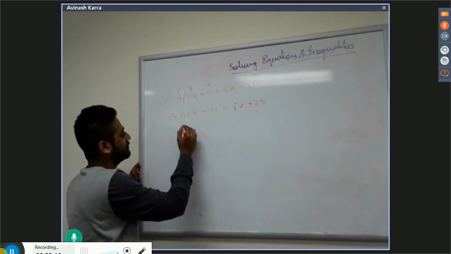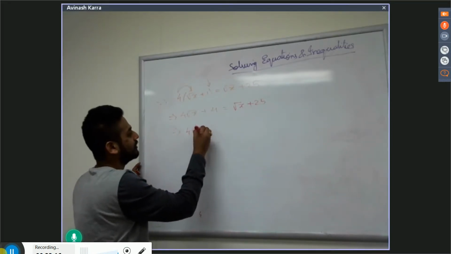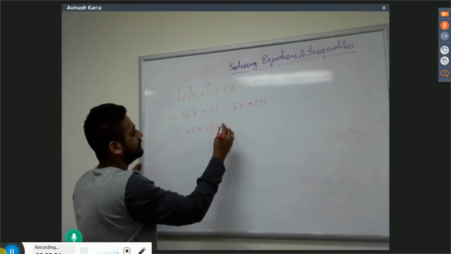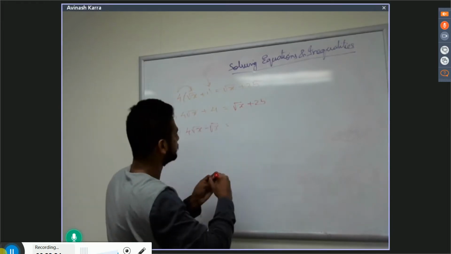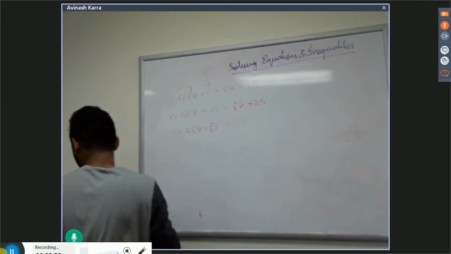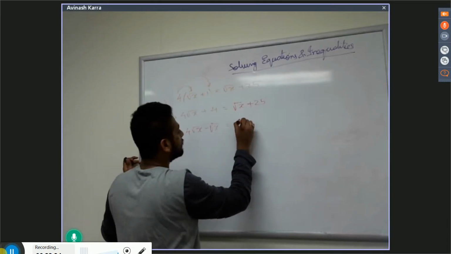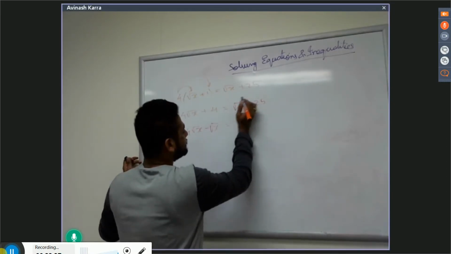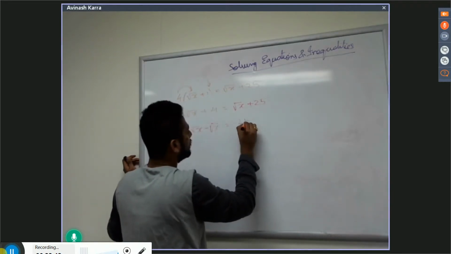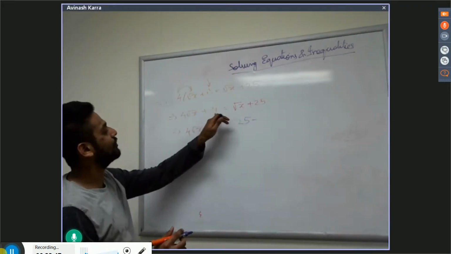So 4 root x minus root x is equal to 25, and what is 4 doing here?